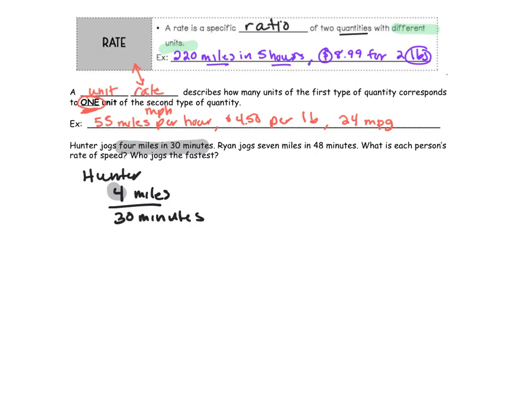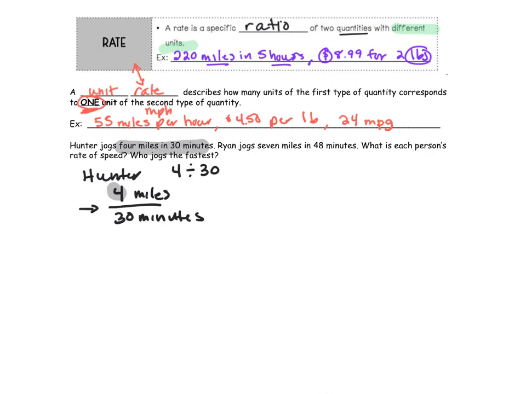If we're going to try to find a unit rate, one of the most efficient ways to do that is to take the top number, whatever they give us, in this case it's 4 miles, and divide it by the bottom number. And we often use, as you remember, not only a fraction bar, but to mean division.